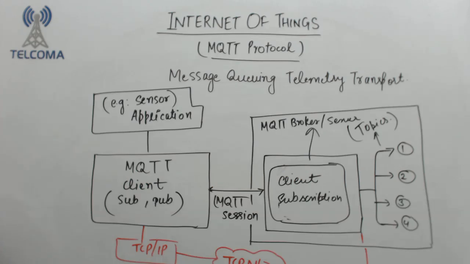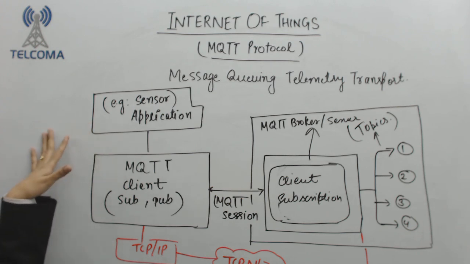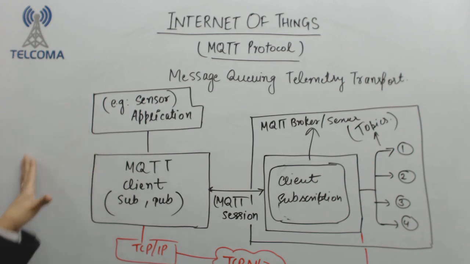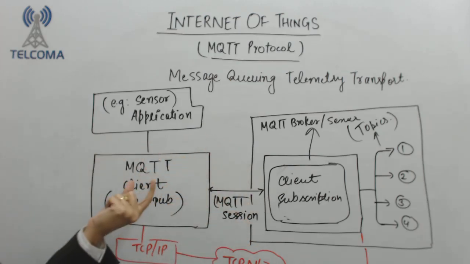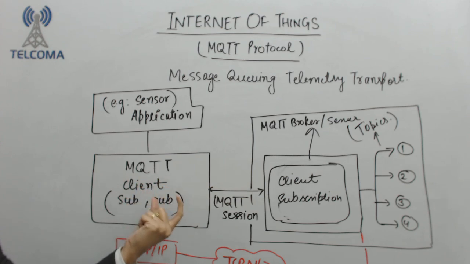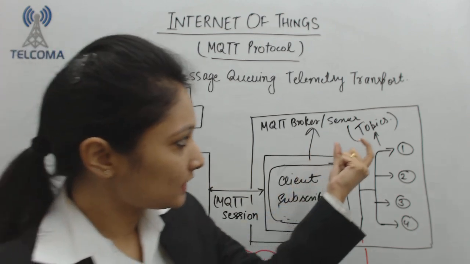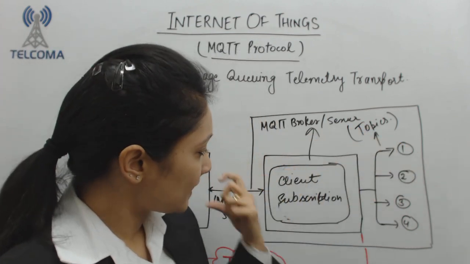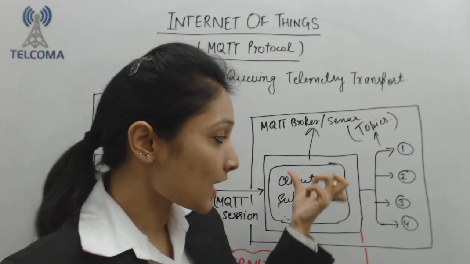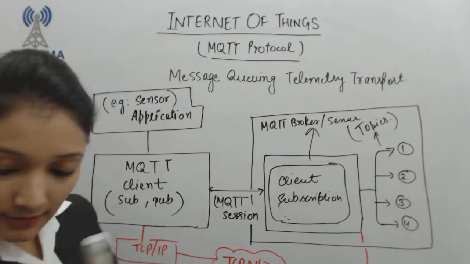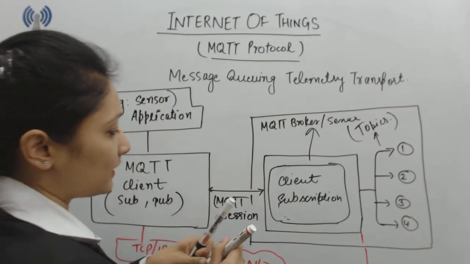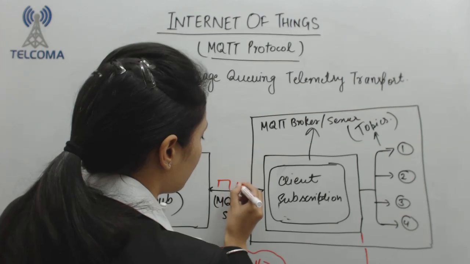So the various crucial elements in this architecture of MQTT start from the application. It could be any kind of application, but the data has to be transferred here between these nodes. So we have then the MQTT client here, then the MQTT server, the session, the client subscription, and the various messages which are exchanged here. So these messages are basically transferred here.